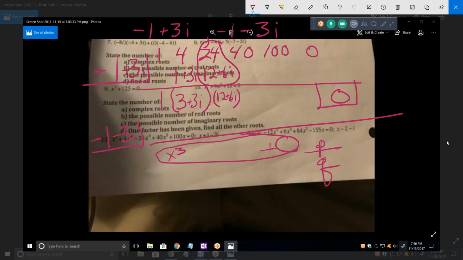Right. In other words, if I had a 12 as my constant on that cubic that I end up with after dividing by both of these imaginary solutions, then I can begin the process of searching for more zeros. And I'm sure by now you've seen how problematic that is.